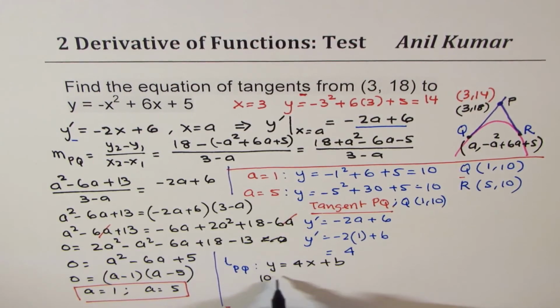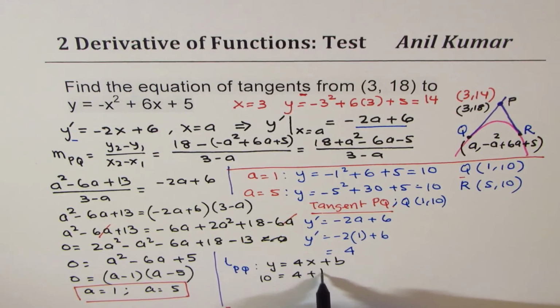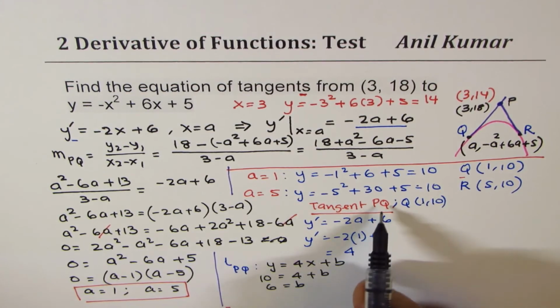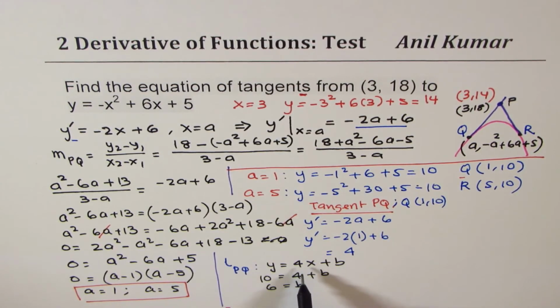So we have 10 equals to 4 plus b, or b is equals to 6, right? And therefore, PQ, the tangent equation, is going to be y equals to 4x plus 6. So that is one of the equations.